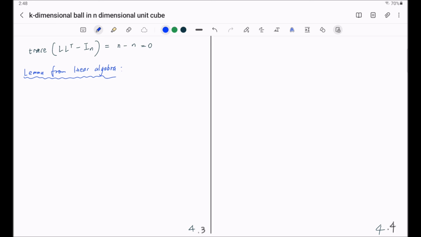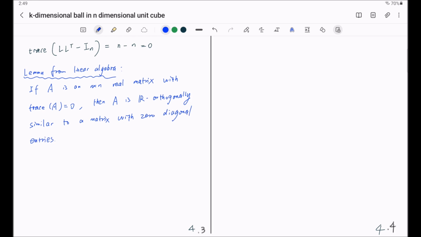The lemma states that if A is an n by n real matrix with trace equal to 0, then A is orthogonally similar to a matrix with 0 diagonal entries. We'll prove this lemma in the next video.